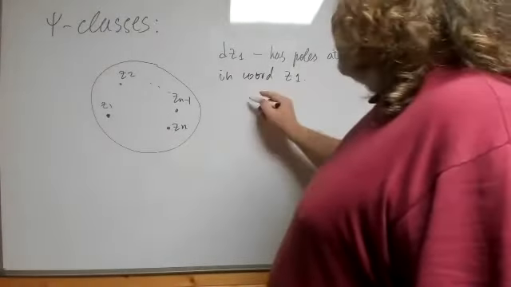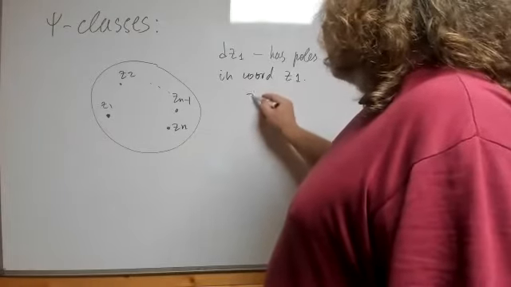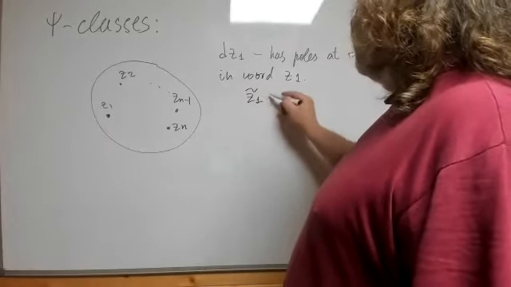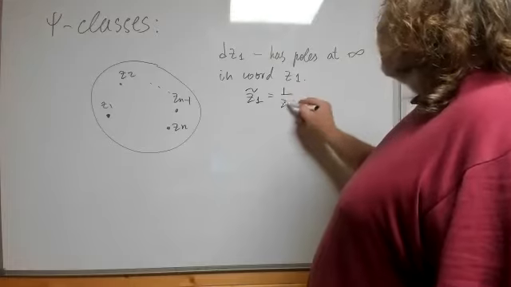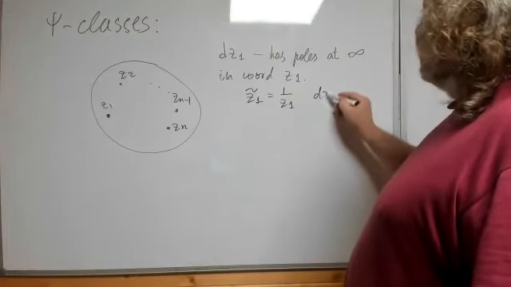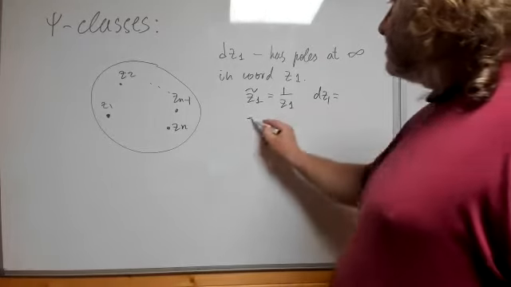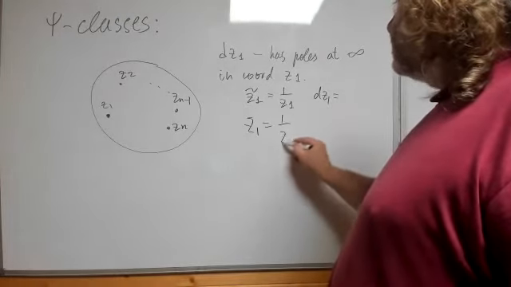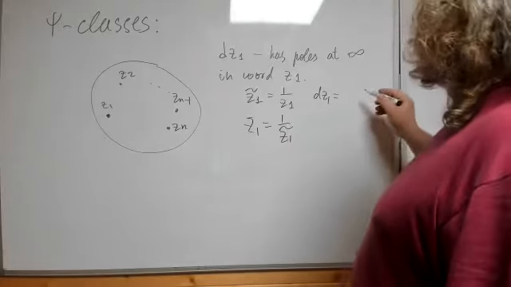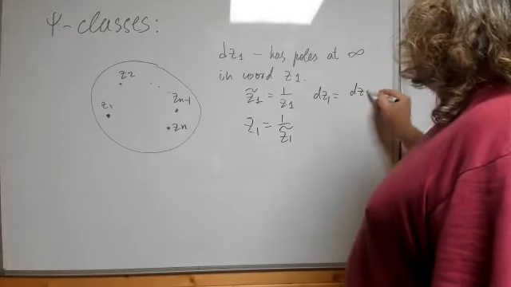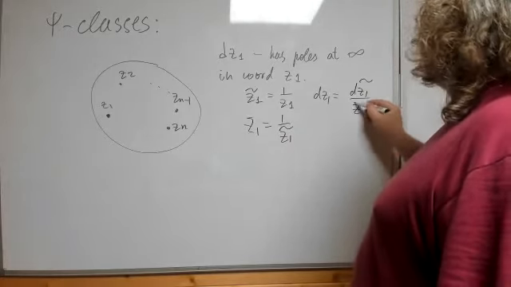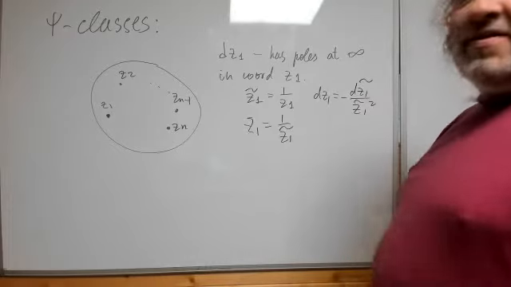Actually, if you write coordinate at infinity z1 tilde equals 1 over z1, then dz1 is dz1 tilde over z1 tilde squared, with a minus.